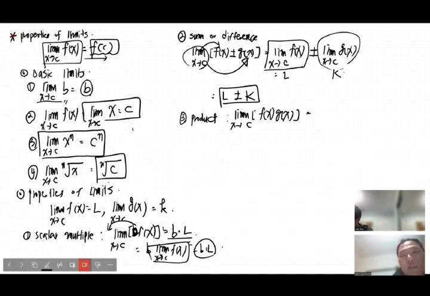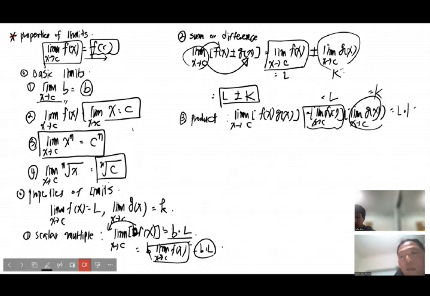So you can express it as the limit of f(x) times the limit of g(x) as x goes to c. So this one is L, this one is k, so that should be L times k.